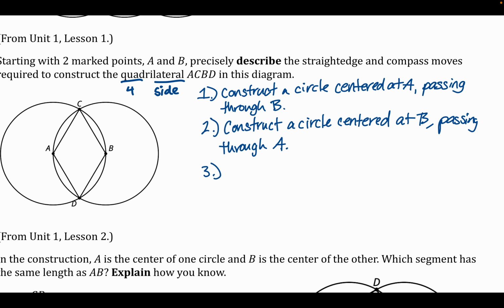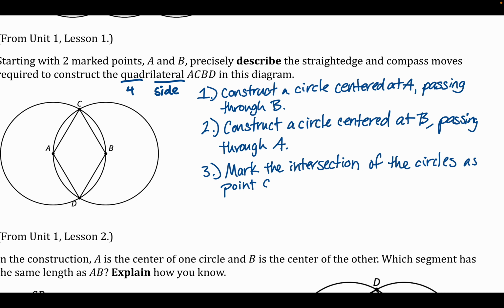So we're going to say mark the intersection of the circles as points C and point D.